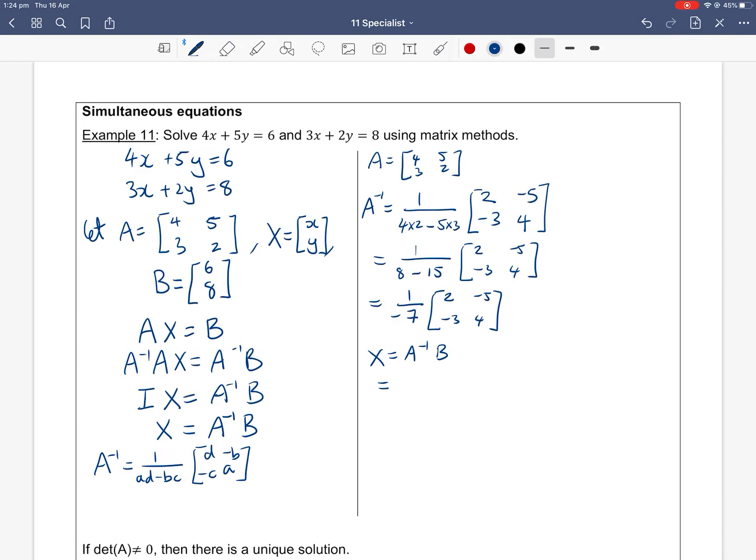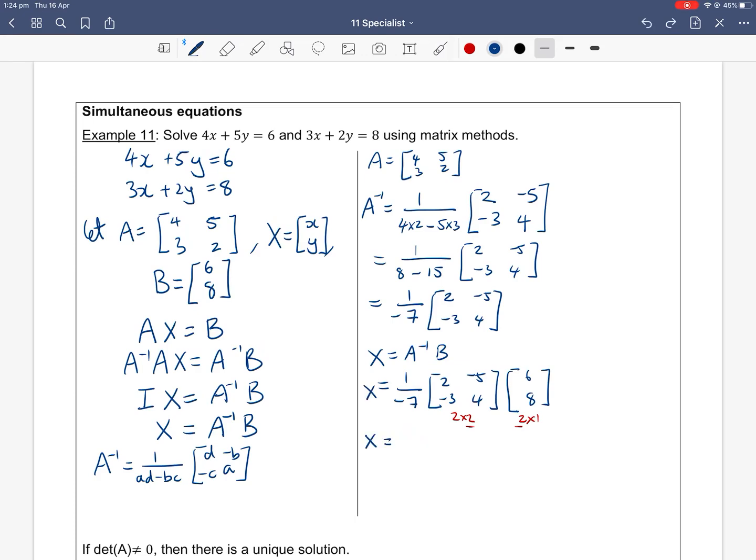Now to work out X, X is A inverse B. So that's 1 over negative 7 times 2, negative 5, negative 3, 4, times B, which is my column matrix of 6 and 8. Quick dimension check: this is a 2 by 2 and this is a 2 by 1. Inside numbers match up, so yes, we can go ahead and multiply it.